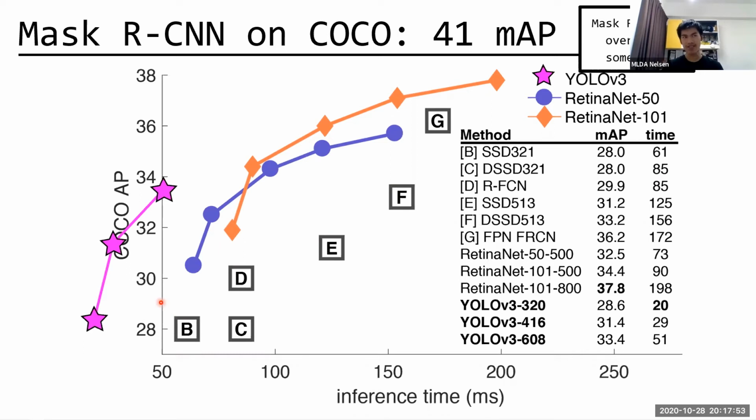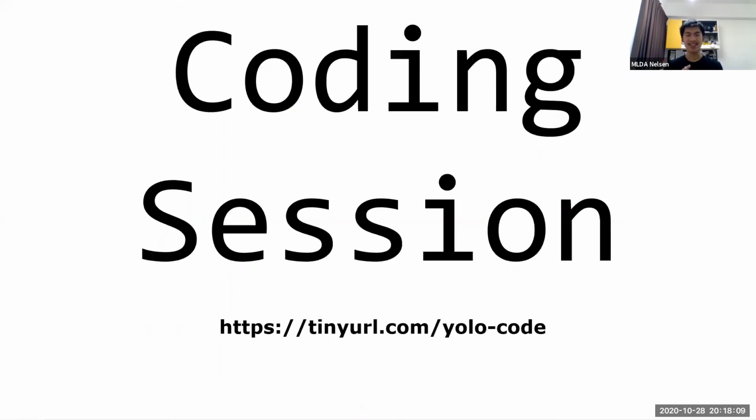So we can see YOLO is actually having a lower inference time, but still having a higher average precision, which is the ideal case. So with those in mind, we can finally go for the coding session.